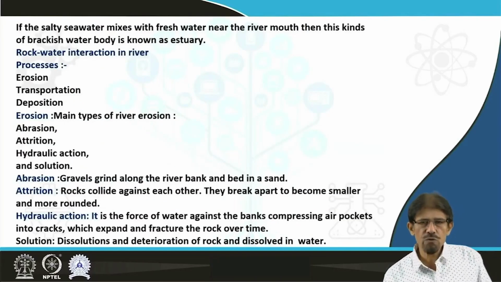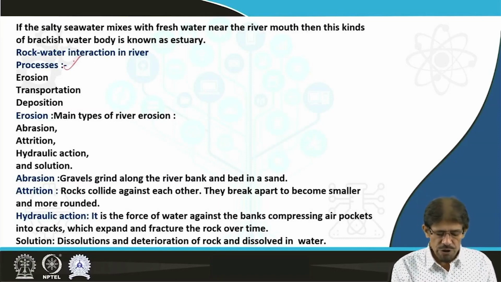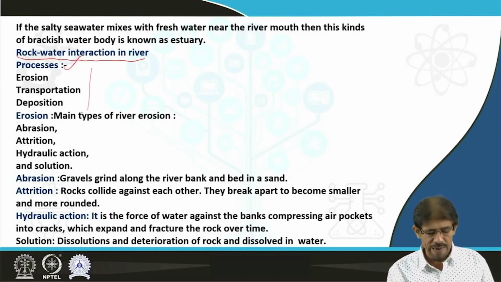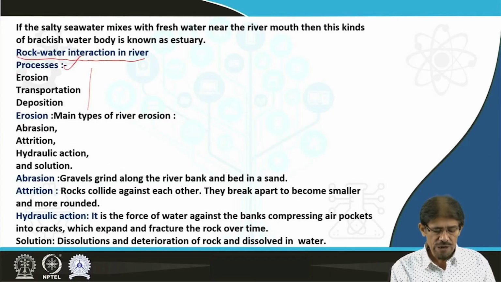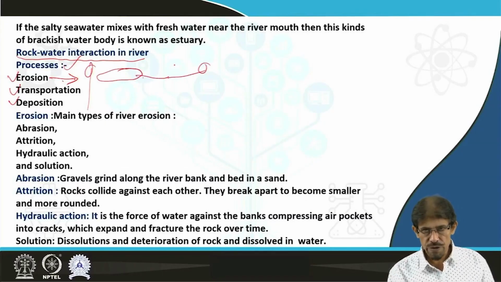If we look at the processes involved in rock-water interaction, or the geological work of a river, we take this concept from the different processes: erosion, transportation and deposition. Erosion means the displacement of material through water from one point to another, from the provenance side toward the mouth side.